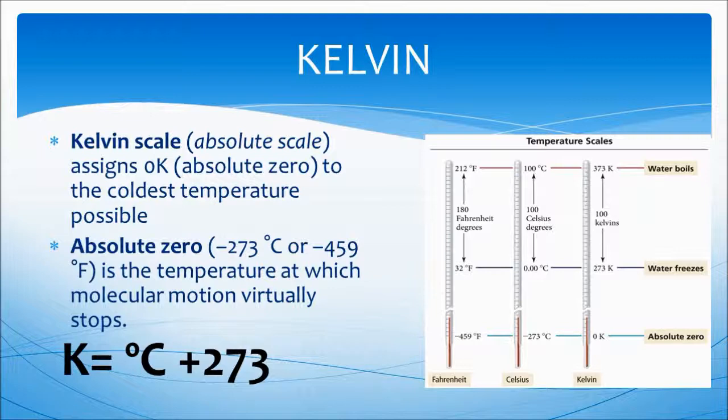To convert from Celsius to Kelvin, you add 273 to the number that you have for degrees Celsius, and you will convert into Kelvin. To convert from Kelvin to Celsius, then you would subtract 273.